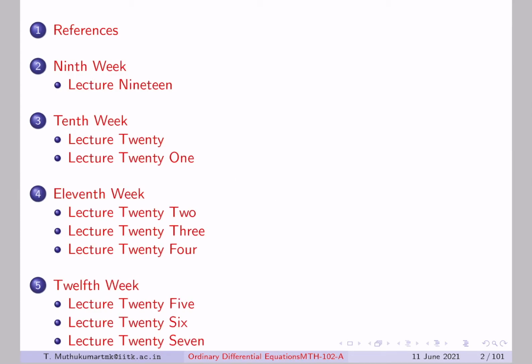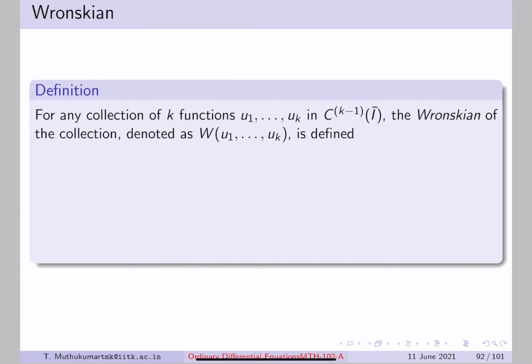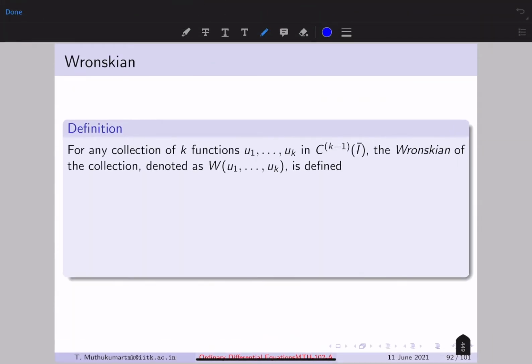Okay. So let's start with the definition of what is called the Wronskian of a collection of functions. Suppose you have a collection of functions u1, u2, uk, which are all k minus 1 times differentiable functions.